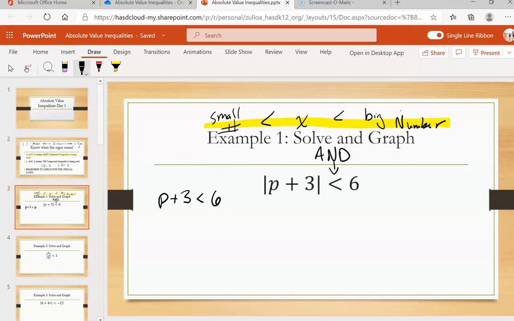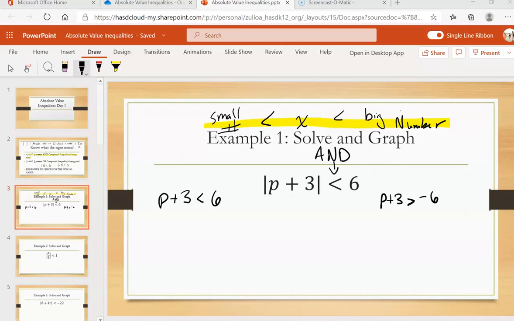And your second step is to do this. You write the left-hand side without the absolute value bars, so you have p plus 3. However, for the other side, you need to flip your inequality. So instead of a less than, you're going to write greater than. And instead of having a positive 6, you're going to put a negative 6. The reason that you're doing this is you are accounting for the scenario where the absolute value is negative 6.